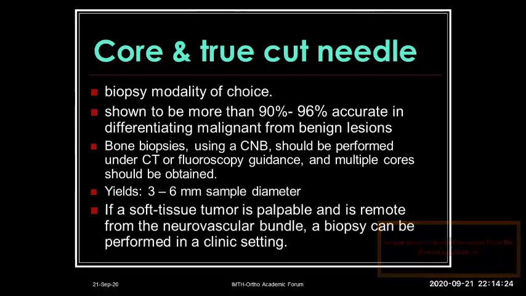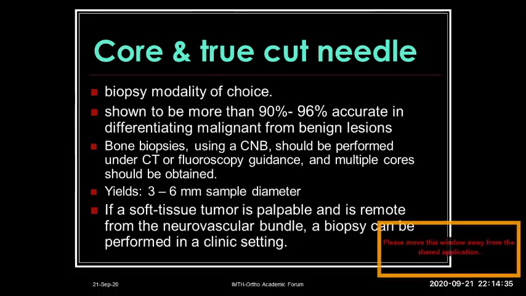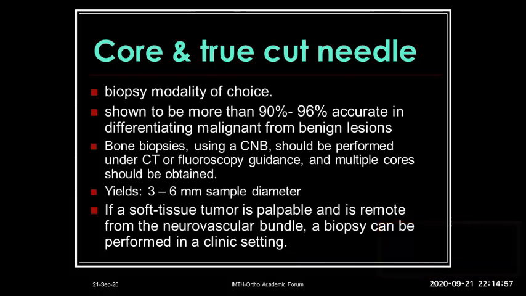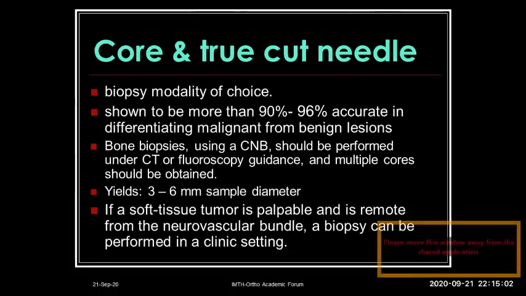And for the core biopsy, whether you take the Jamshidi needle and take a biopsy from bone, or you take the true cut needle biopsy and take a biopsy from soft tissue, this has become nowadays the biopsy modality of choice, and it shows high specificity and sensitivity, more than 90 percent in many of the recent studies, and it is accurate in differentiating malignant bone tumors from benign lesions.